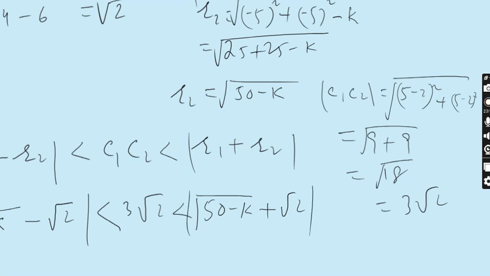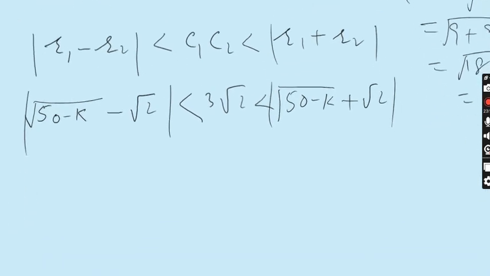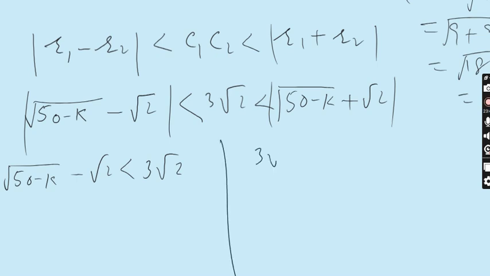So this is the inequality. Now break this inequality from the middle. So root of 50 minus k minus root 2 is less than 3 root 2, and 3 root 2 is less than root of 50 minus k plus root 2.